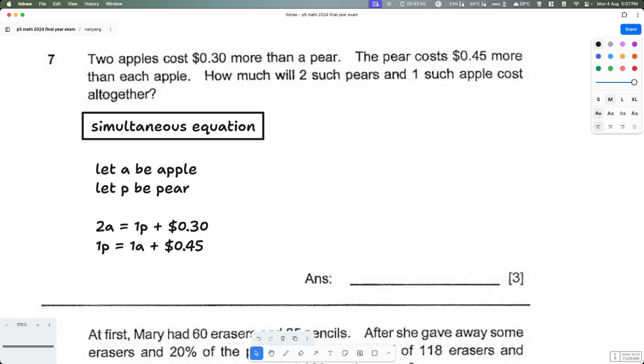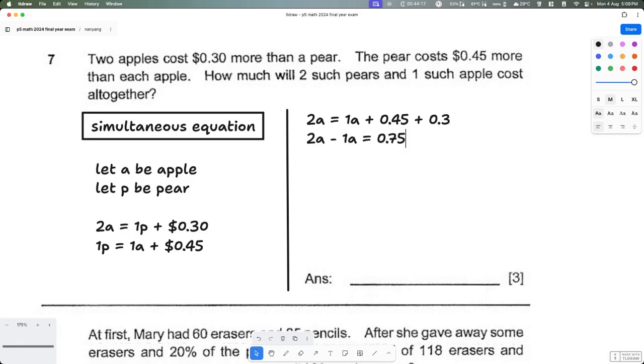Okay, so in this case we can swap one P. Two apples is equal to one apple plus 0.45 plus 0.3. Then that means two apples minus one apple is equal to 0.75. One apple is equal to 0.75.